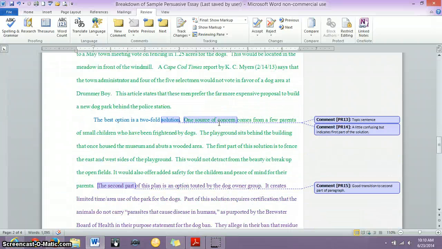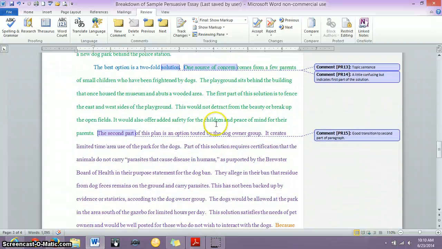These body paragraphs are very well laid out. Again, the best option is a 2-fold solution. This is their solution to the problem that they have. The topic sentence tells you that. This says one source of concern. I think this is a little confusing because I think it should say like one part, like down here it says the second part of this plan.